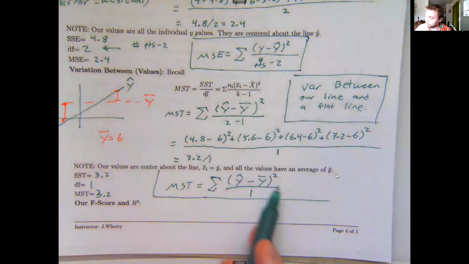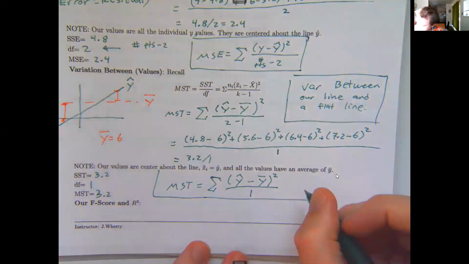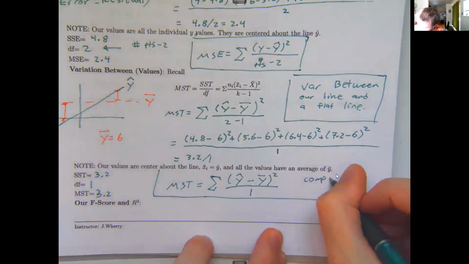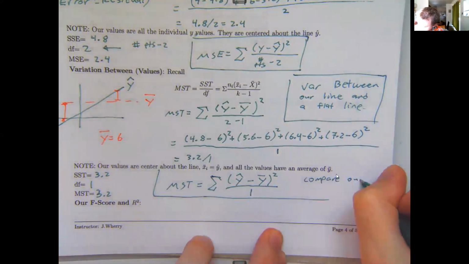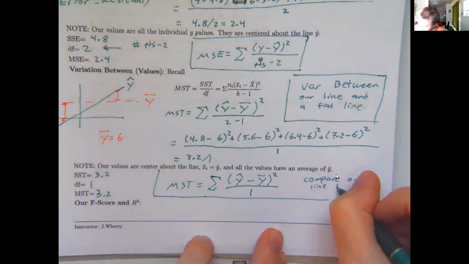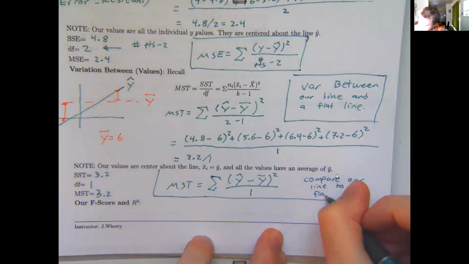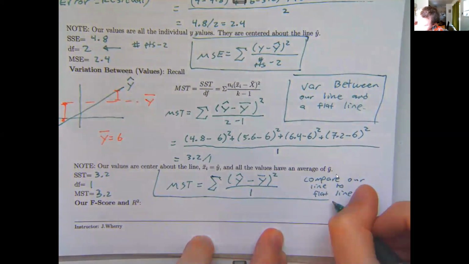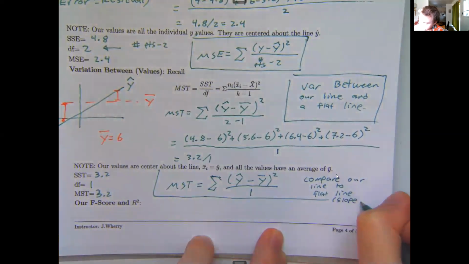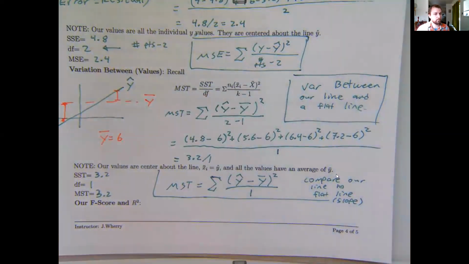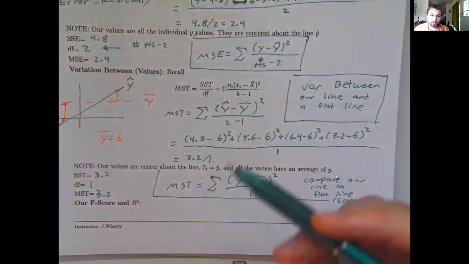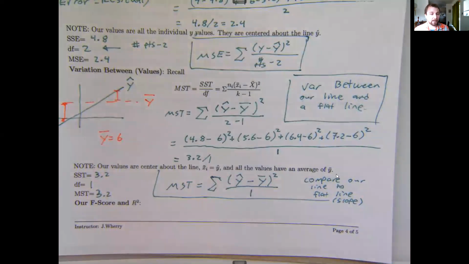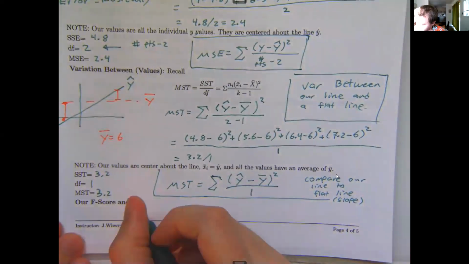I could just have the top of this. I am literally comparing our line to a flat line because I'm curious if there's going to be slope. So comparing variation between and variation within, sort of matching this up with the way that we used to do ANOVA.